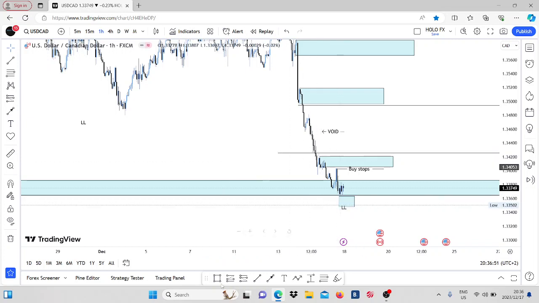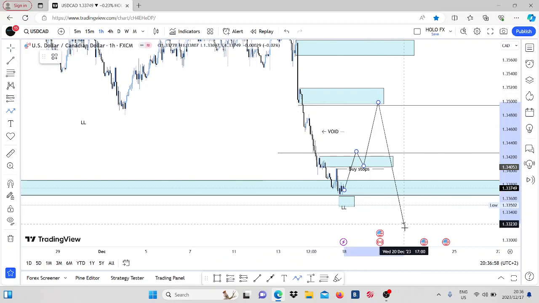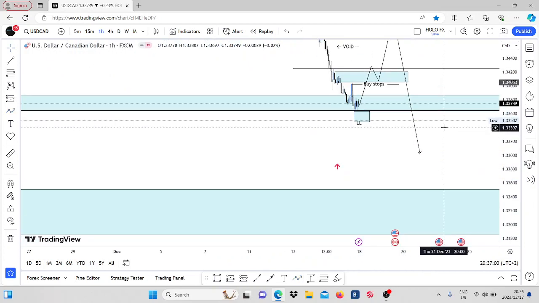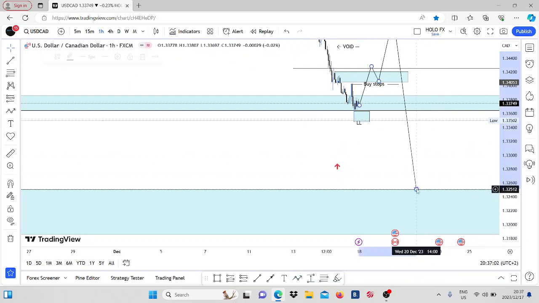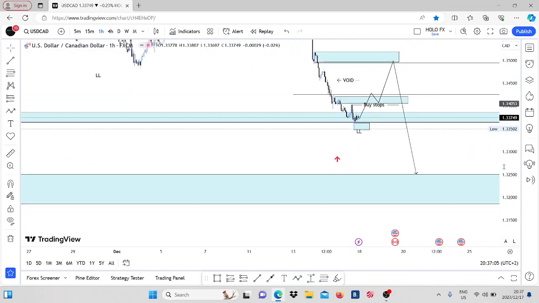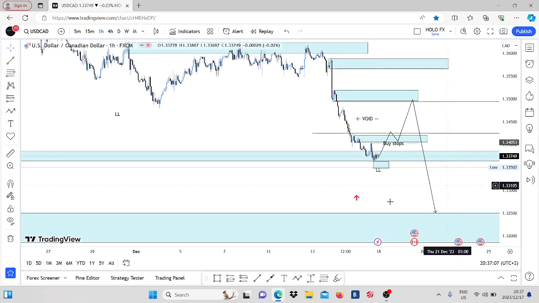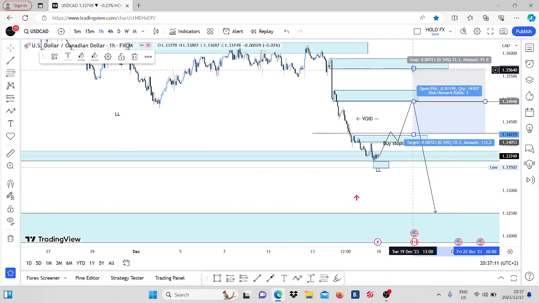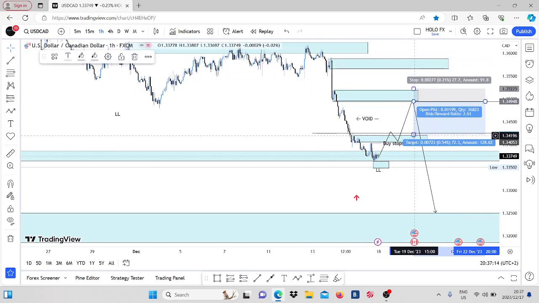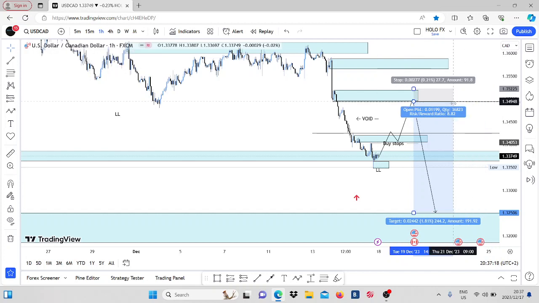But for me, my hope and my plan is that price will respect to fill in this void. Then it might come to the downside. It makes more sense this way. And let's see how long. Look at that, 244 pips, 1:8.